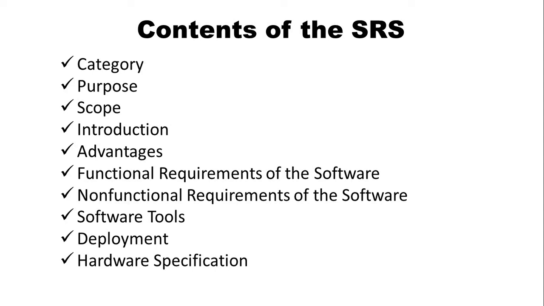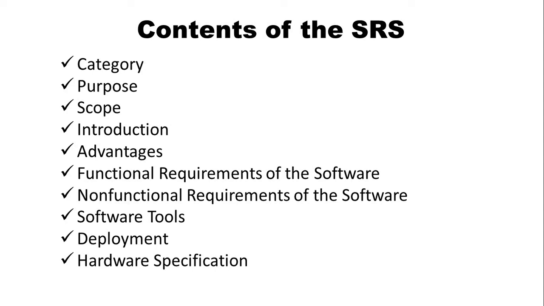First you have to write the category, followed by purpose, then scope, introduction, advantages, functional requirements of the software, non-functional requirements of the software, software tool deployment, and hardware specification. All these things you have to write one after another. Each and every one I will discuss in detail in this class.